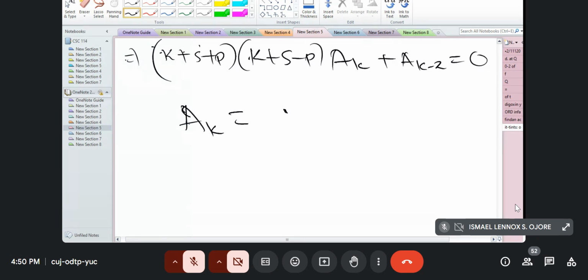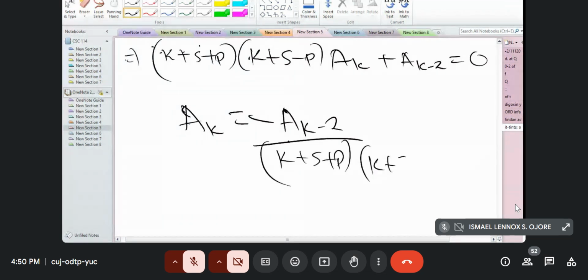Minus A sub k minus 2 divided by k plus s plus p, k plus s minus p, but k is running from 2 to infinity, so you have to specify that k is greater or equal to 2.